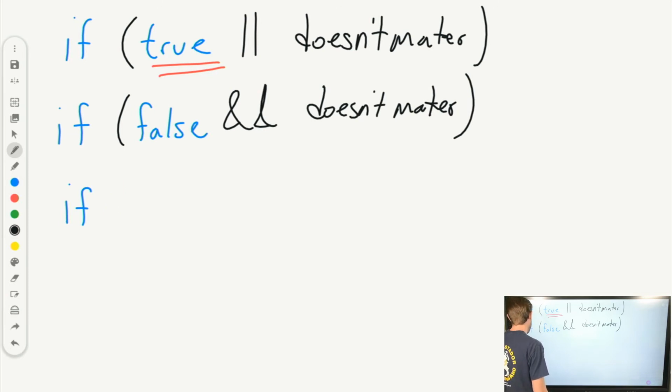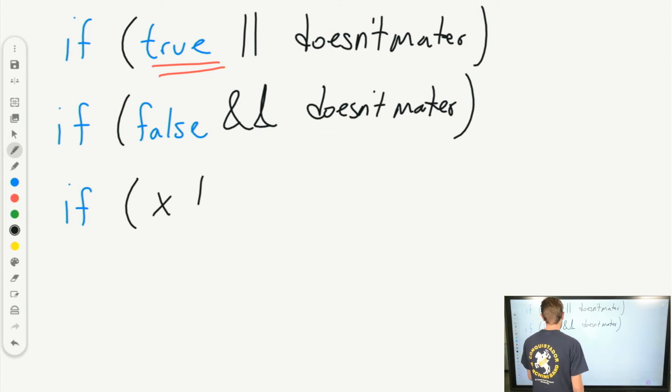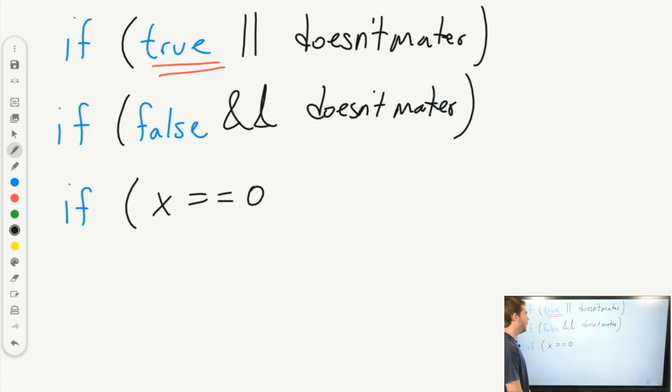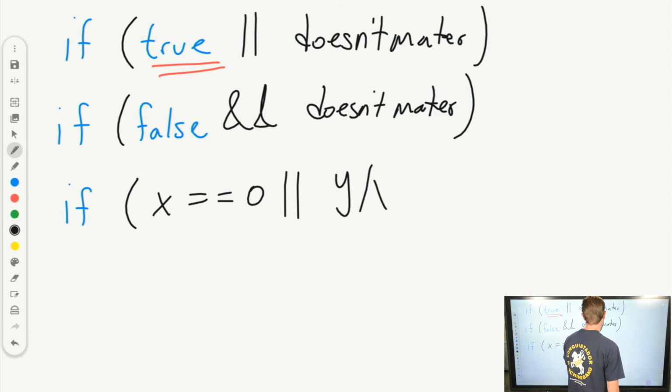So let's say if our x double equals 0, then what? Well, if it double equals 0, then we don't do the other side. So then we could say y divided by x.